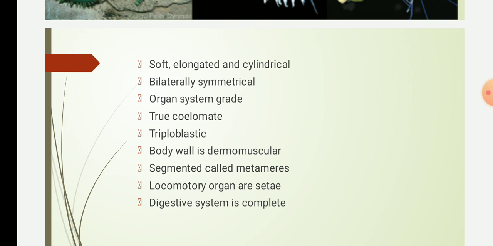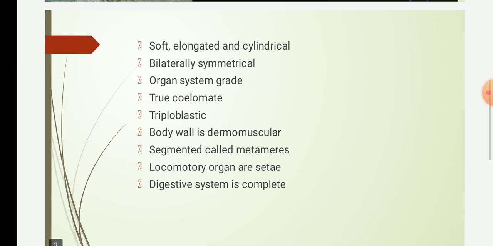The body has a glandular epidermis, below which the muscle forms an outer layer of circular muscle and an inner layer of longitudinal muscle. For the first time in evolution, the body is divided into a series of segments, metamerically arranged, called metameres.